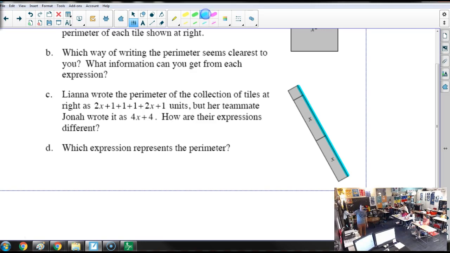If you read, it's up here. 2x plus 1 for the one edge, then the top would be a 1, and the bottom is also a 1, and the other side is 2x plus 1. So 2x plus 1 on this side, 2x plus 1 on that side, an extra 1, an extra 1. When we put all those like terms together, 4x plus 4.